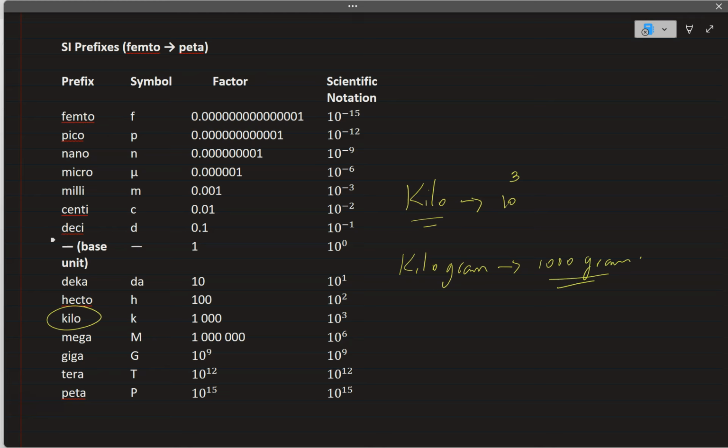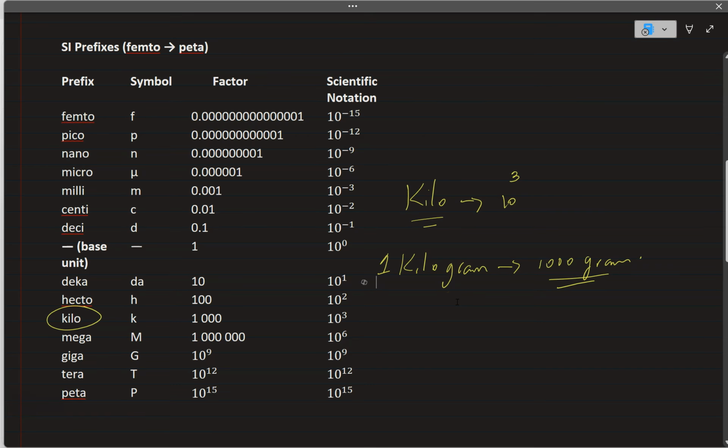So 1 kilogram is equal to 1000 grams. Now, we can go ahead and do more. Mega, for example, megagram, that is 10 to the power of 6. So that's 1 million grams. Now you go backwards, micro, for example, microgram. That is 10 to the power of negative 6.